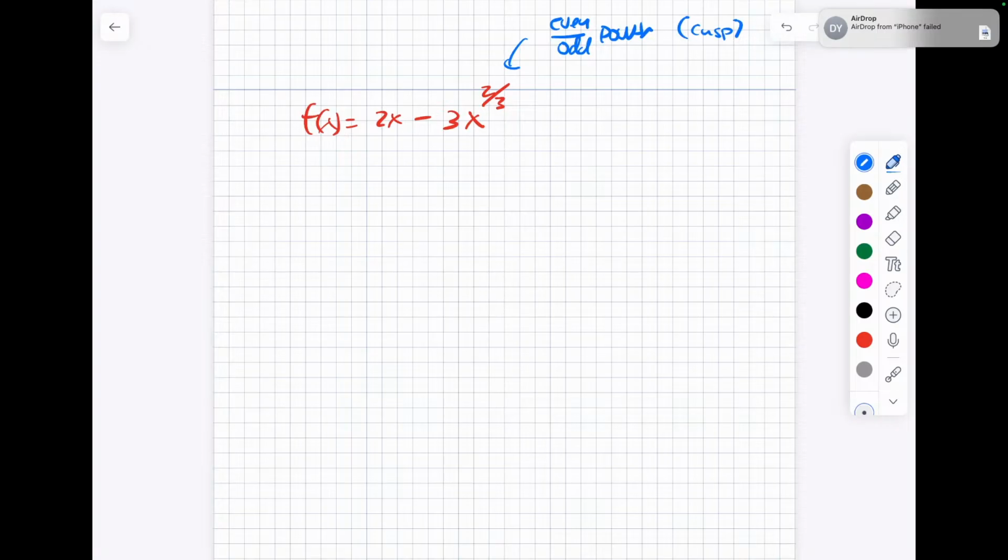So how many critical numbers did you find? 2. It is 2.